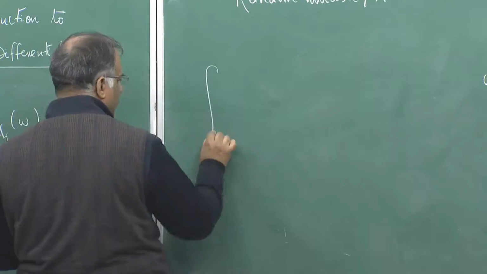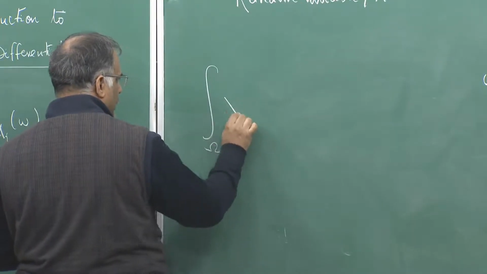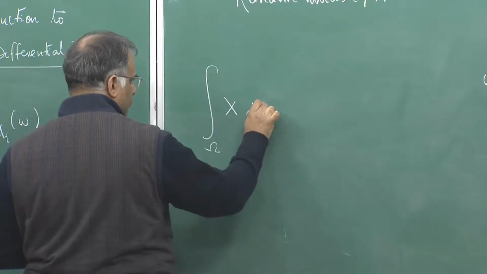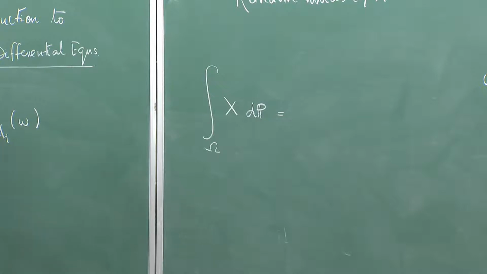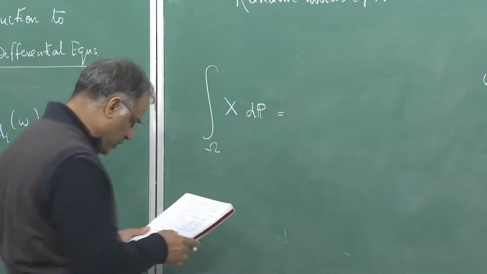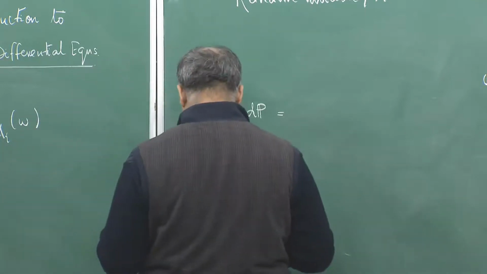If you have any random variable, then the integral of this random variable, of course you can talk about a random vector, I will just write to you at the end what one can do for a random vector, but this is just for the random variable.